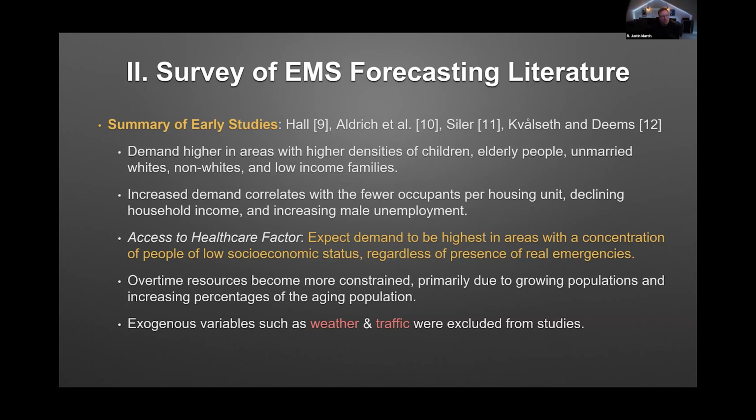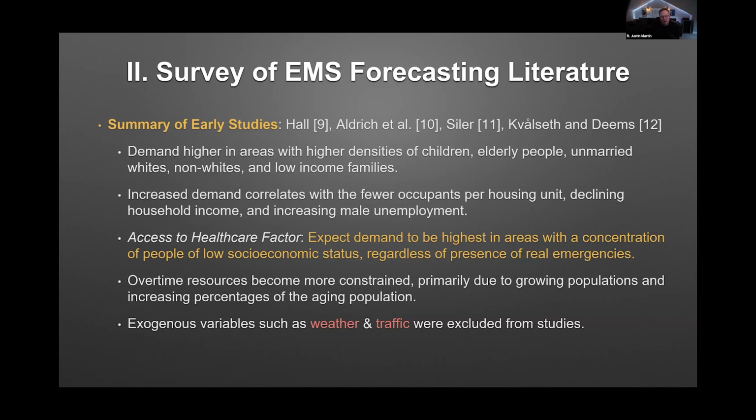This idea that people that don't have access to routine primary care will inevitably seek out care through the emergency medical service system, regardless of their ability to pay. And obviously that speaks to a broader social issue that's outside the scope of this discussion. But that is a factor that has continued over time.